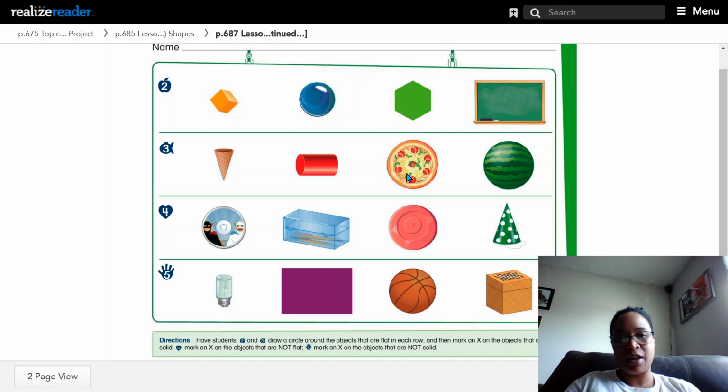Good. Okay, let's move here to this. What does that look like to you? Is that a toolbox? No, that's a pencil box. I think that's a pencil in there. So we're looking at a pencil box. Can we see more than one side to this pencil box? Yes, you are right. So we can see the right side. We can see the top. We can see this front side facing us.